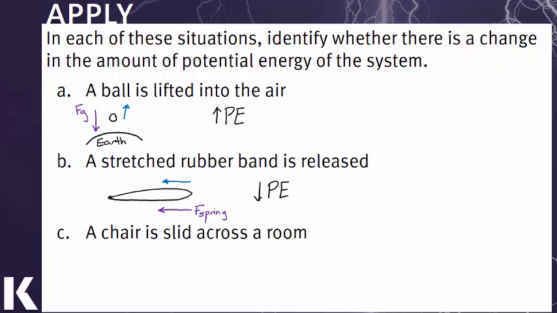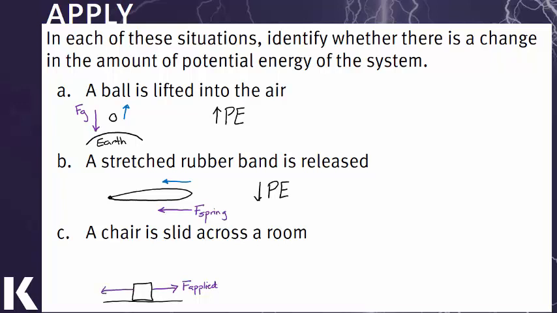Now let's take a look at C. We have a chair that we're sliding across the room. So we're just going to put a chair as our box. And let's think about the forces that are acting on this box, because we have a lot of different forces. So we have the applied force in order to get this object moving. To overcome friction, we have to have some sort of applied force.